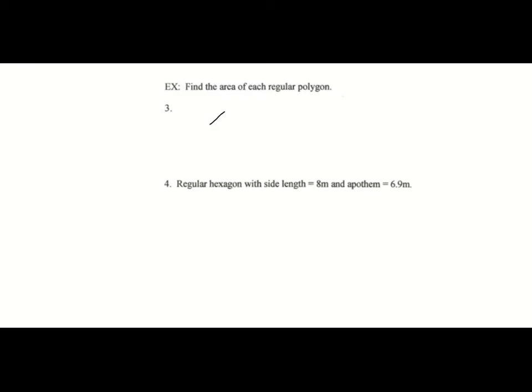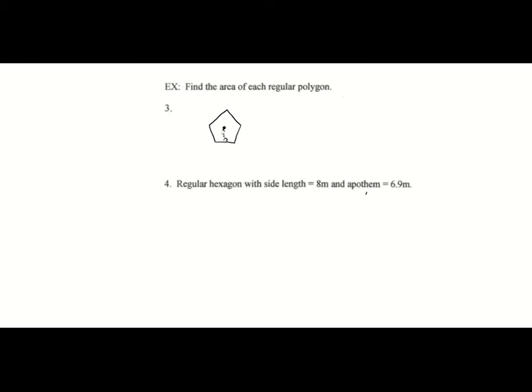A pentagon has 5 sides, and they're all the same length. Okay, so this is our pentagon. We have the center and our apothem goes right down the middle here.